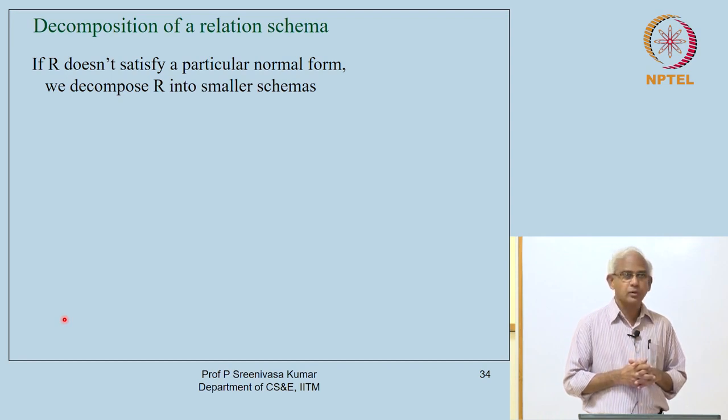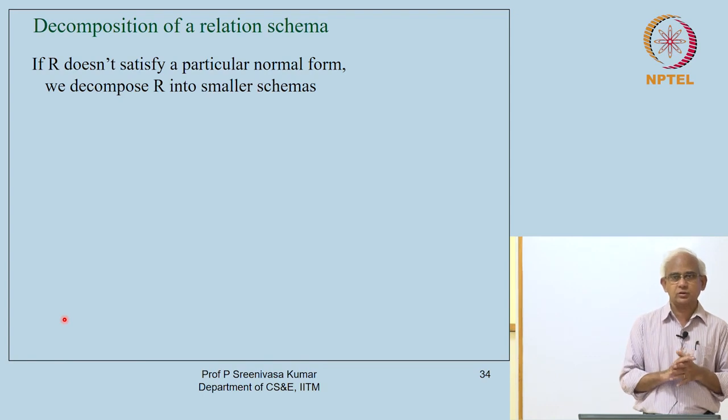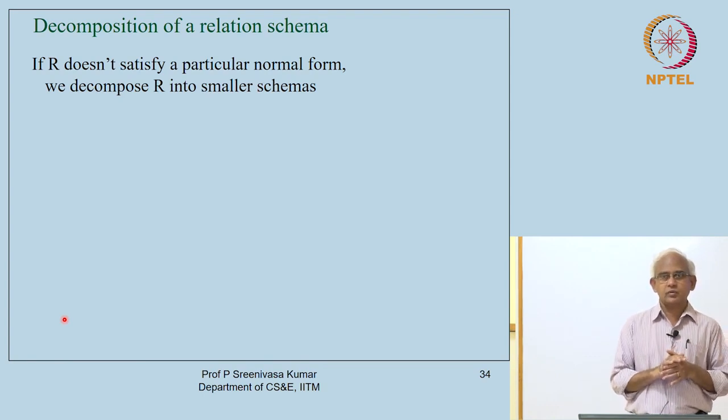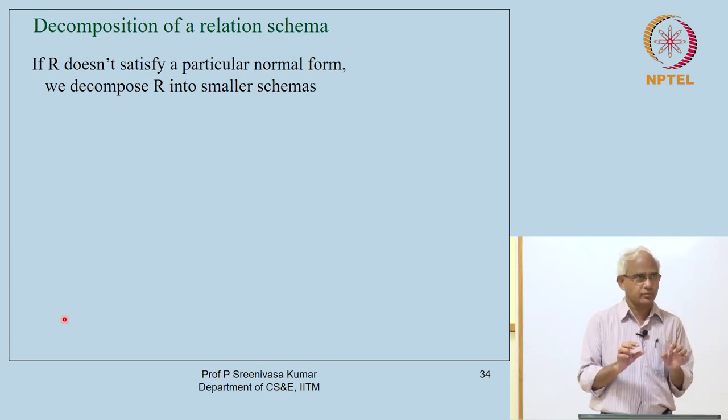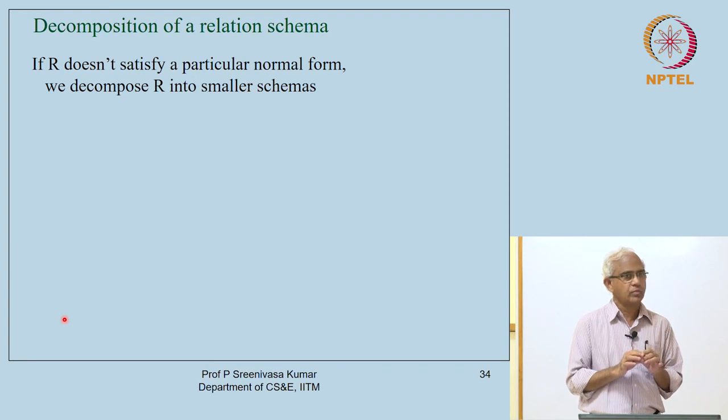Now, a typical situation that we have seen occurring in the last lecture was that we find certain relation to be not satisfying a particular normal form, and then what we do is we decompose that relation.